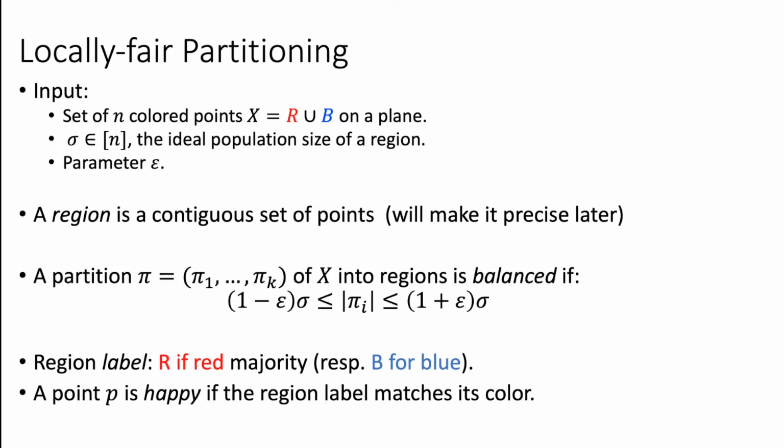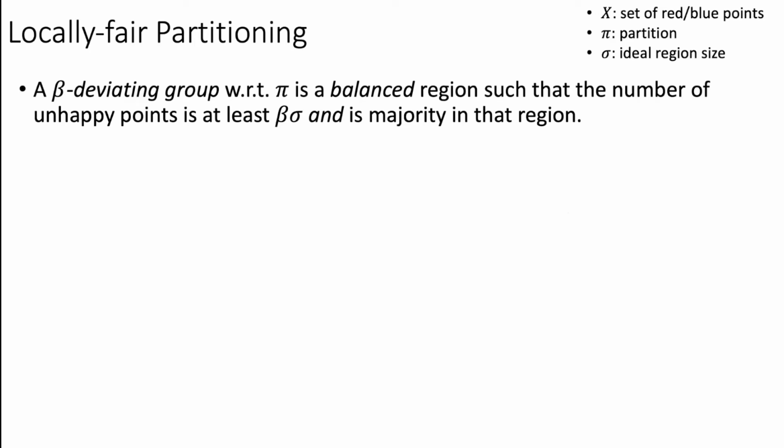And we say a point is happy if the region label matches its color. So just keep this notation in mind. We say a group is beta deviating with respect to this partition pi that we have found if this group is in a balanced region, so the number of points in the region is within 1 minus epsilon sigma and 1 plus epsilon sigma, and the number of unhappy points in this deviating region is at least beta times sigma, and these points are the majority in that region.